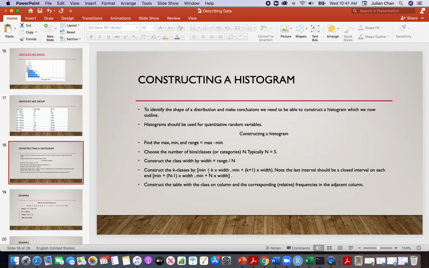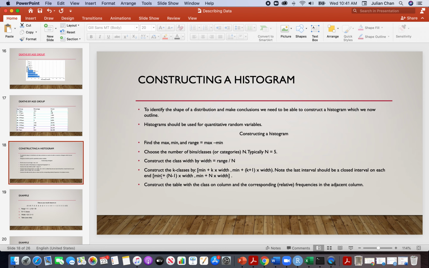You start with the minimum plus K times your width, and K is going to range from 0 to 5, okay? And your first class is going to go from your minimum plus K times the width to the minimum plus K plus 1 times the width. And it's open on the left and closed on the right, except for your last interval, okay? And when K is equal to N, you have this class, okay?